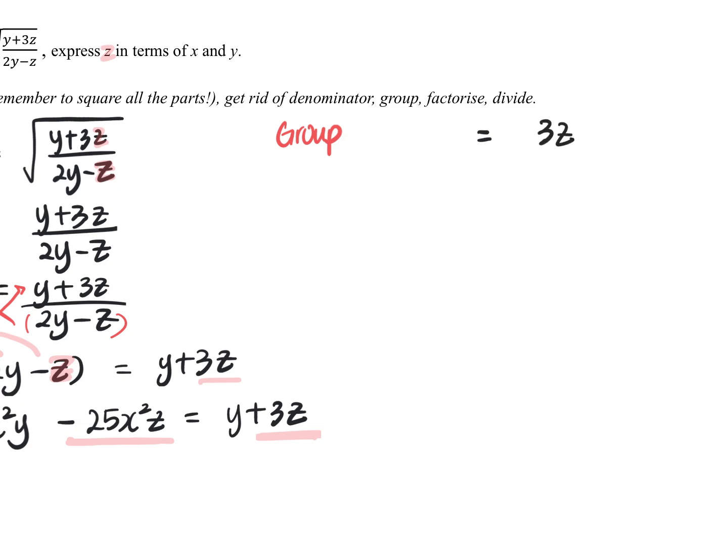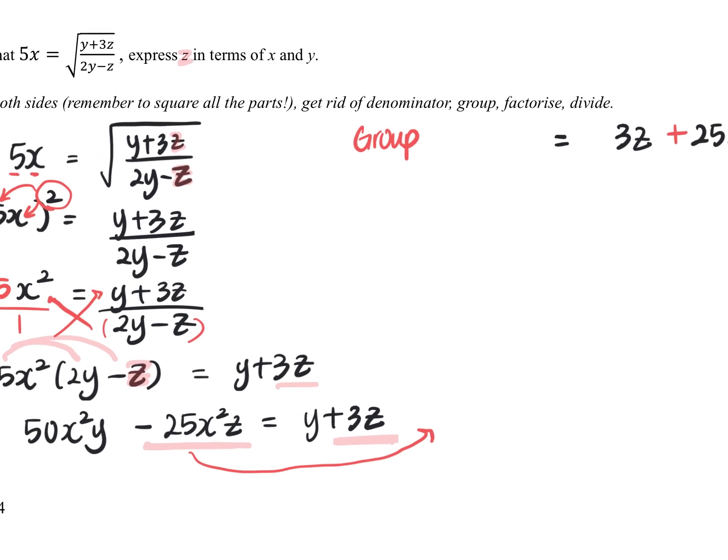I'm keeping the 3z because I want the z to be all on this side. I'm shifting negative 25x squared z over, so I will have positive, changing the sign from negative. Undo the subtraction, become addition. Then 25x squared z over here.